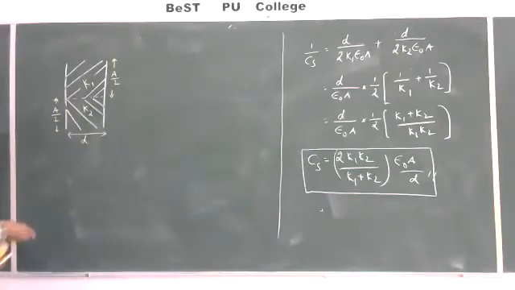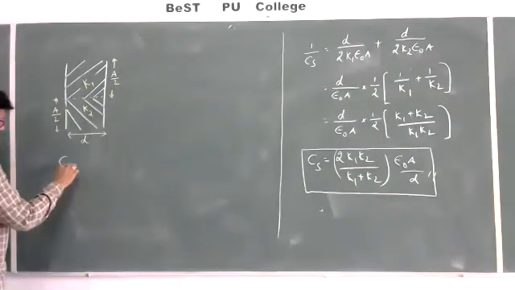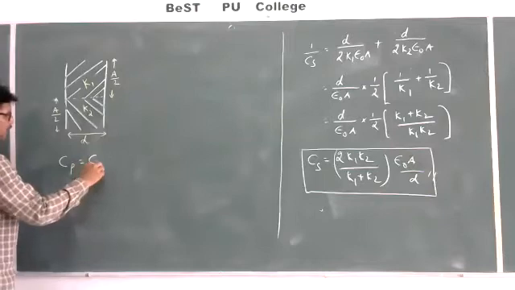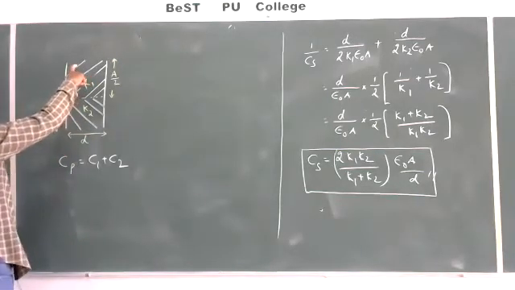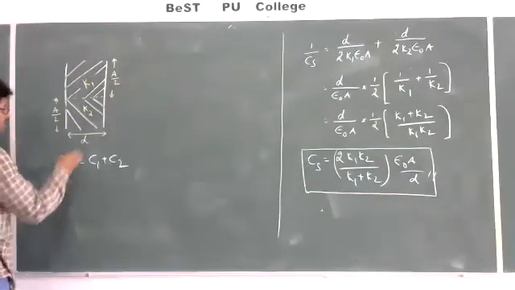In case of parallel combination, the formula to find the effective capacitance is C1 plus C2. What is the C1 value and what is the C2 value? C1 is the capacitance of the first capacitor.